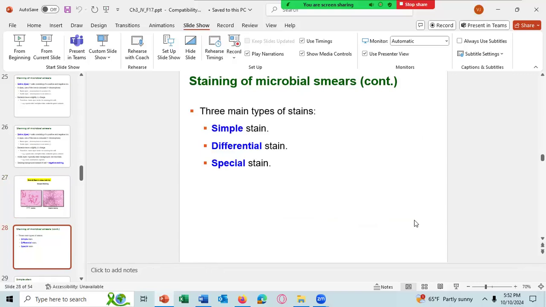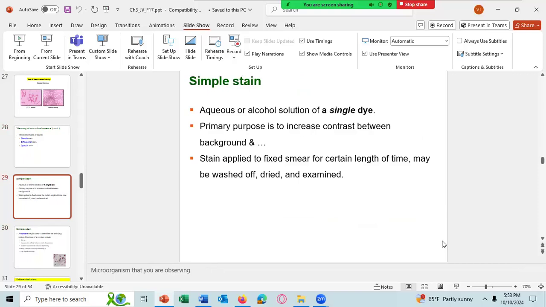All right. In microbiology, there are three main types of stains: a simple stain, a differential stain, and a special stain. A simple stain is a solution of a single dye. So one stain is in the preparation, like malachite green, and then it stains all cells that same color.